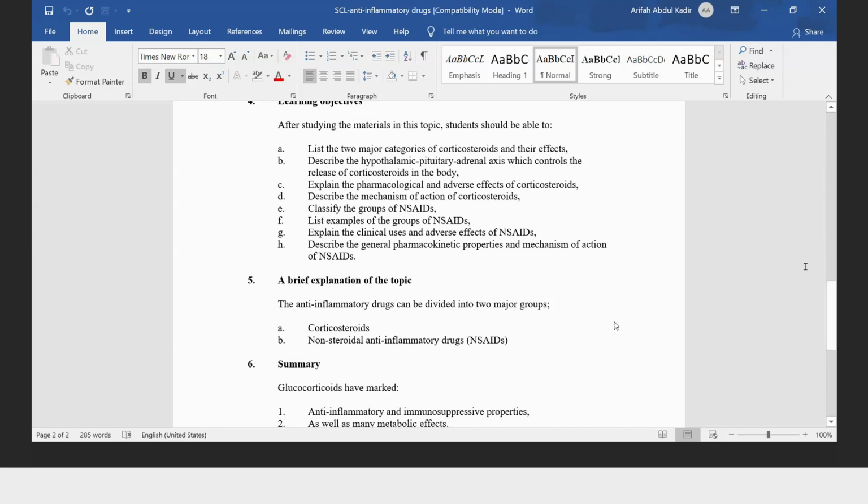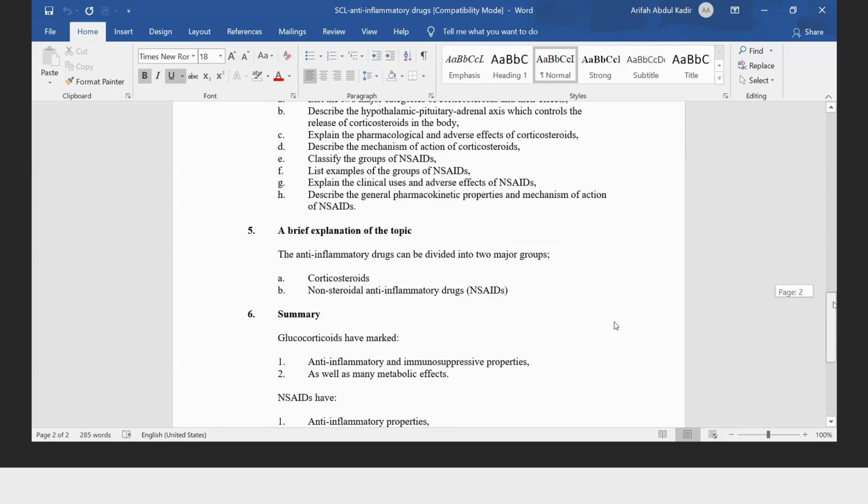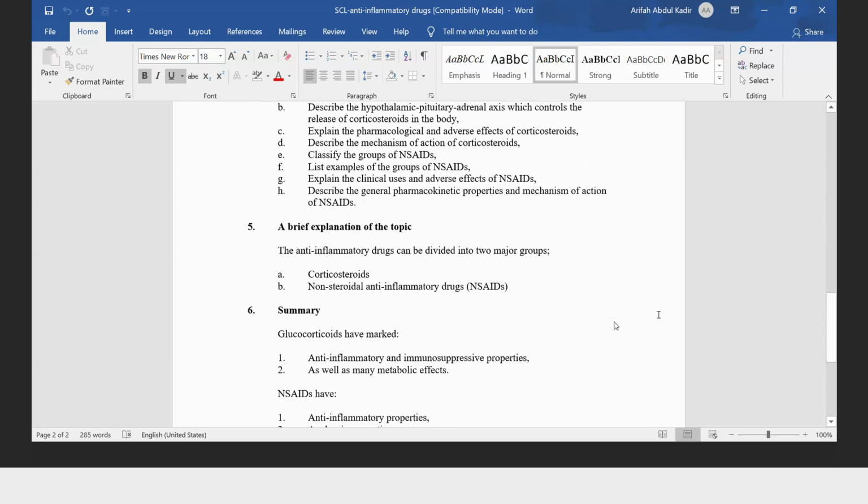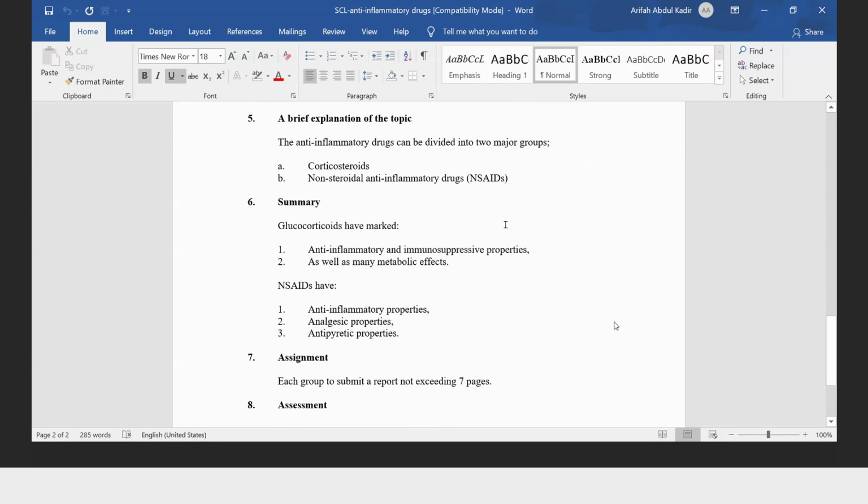After that, this is just to show you that anti-inflammatory drugs are divided into corticosteroids and NSAIDs. The last thing would be some notes here.